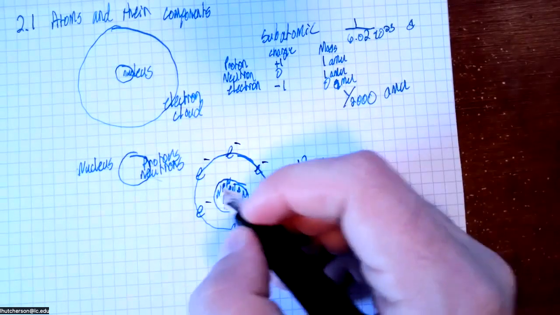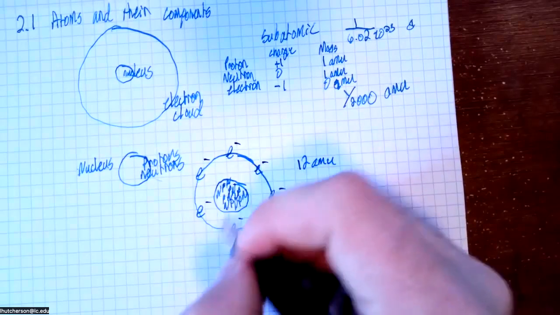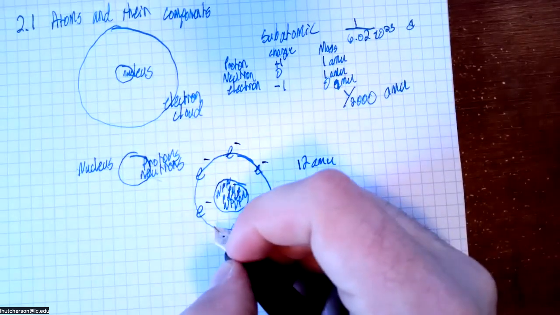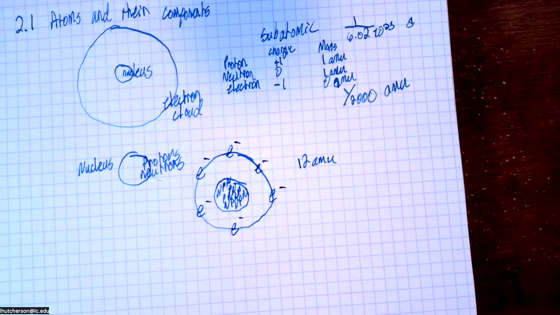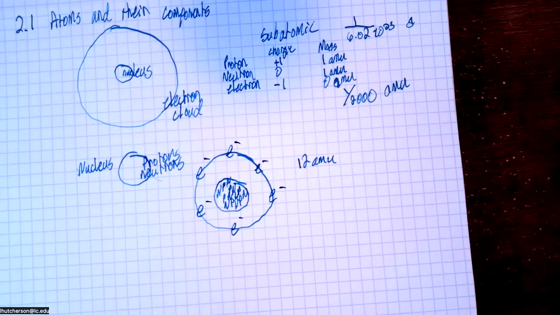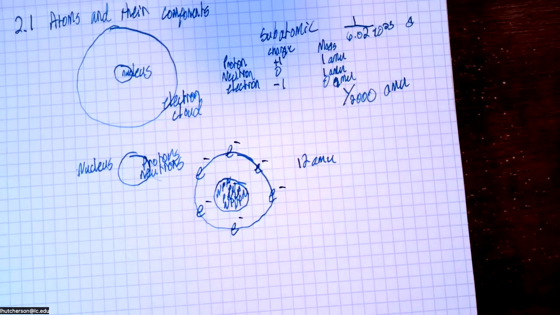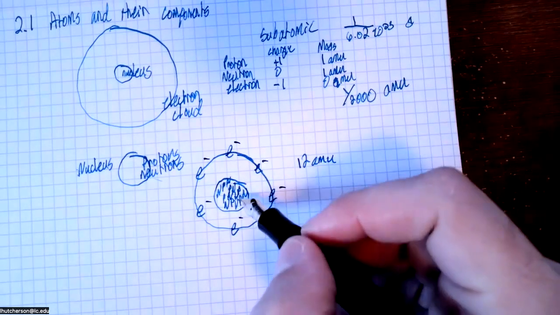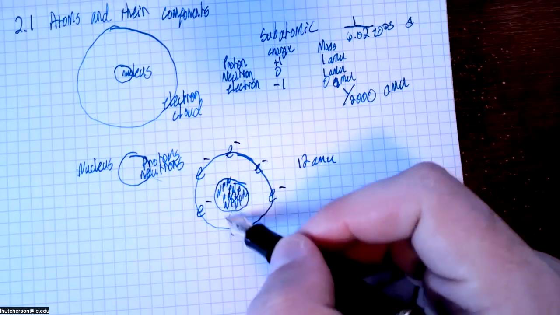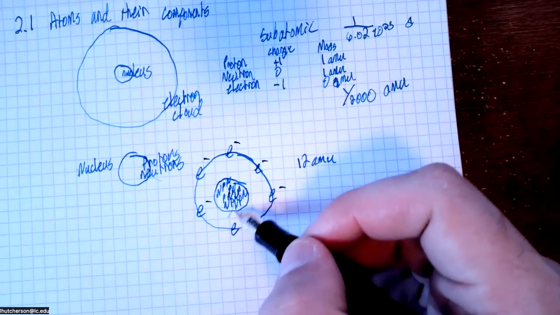And this is really a poor illustration of how spread out the electrons are outside the nucleus. Really getting into the details of atomic structure is way beyond the scope of this class. But if we look at this, the nucleus, relatively speaking, is extremely dense.